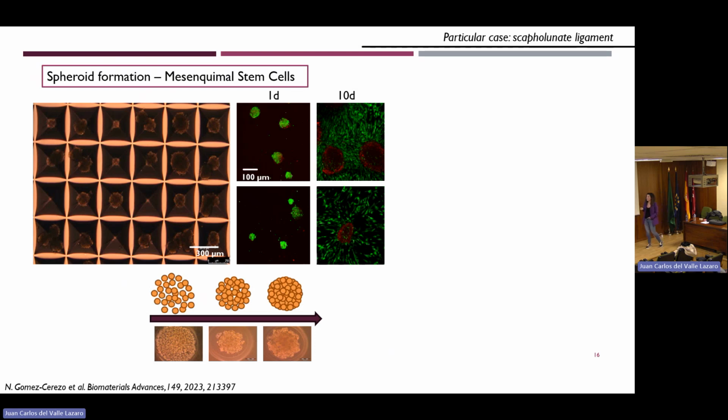To make sure the cells were alive after making the spheroids, I just did a small check in the confocal microscopy. I labeled the cells, the live cells in green, and the dead ones in red.